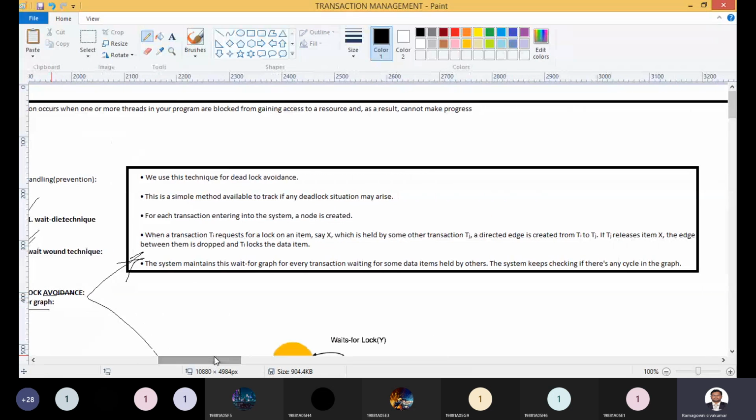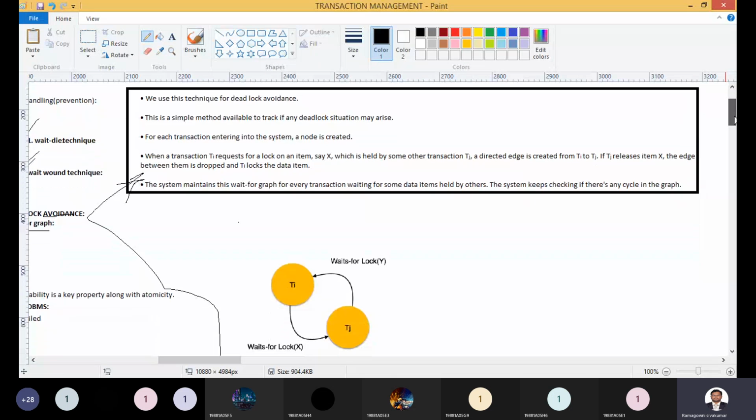See the theory first. By using two approaches, we can avoid the deadlock here. We use the wait-for graph technique for deadlock avoidance.